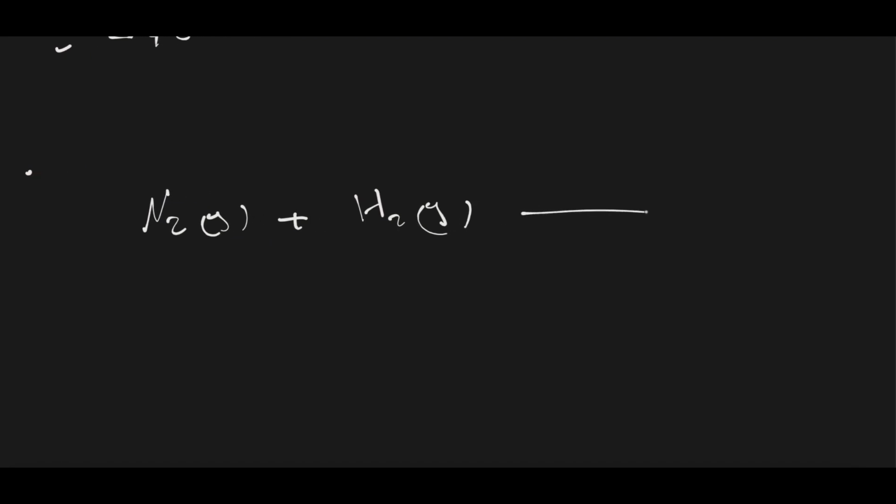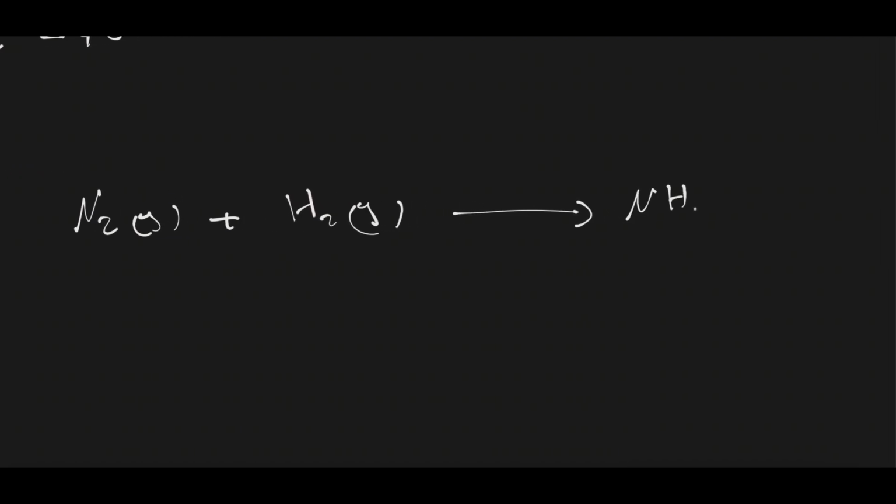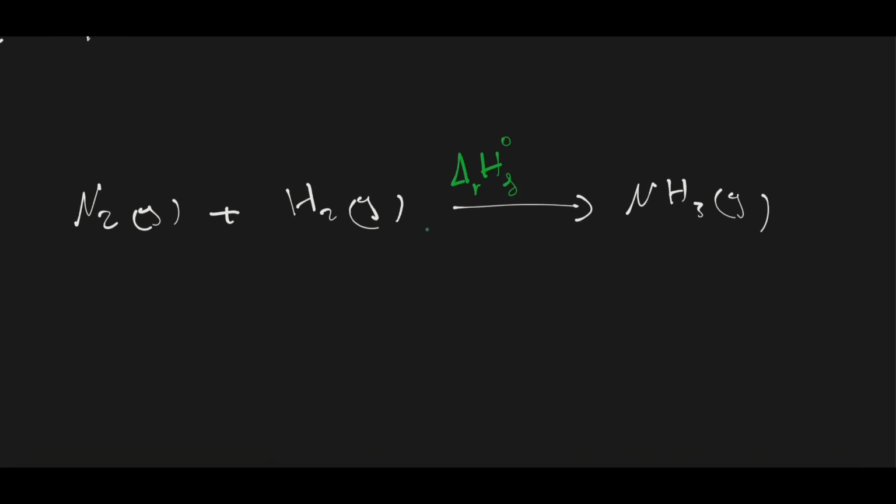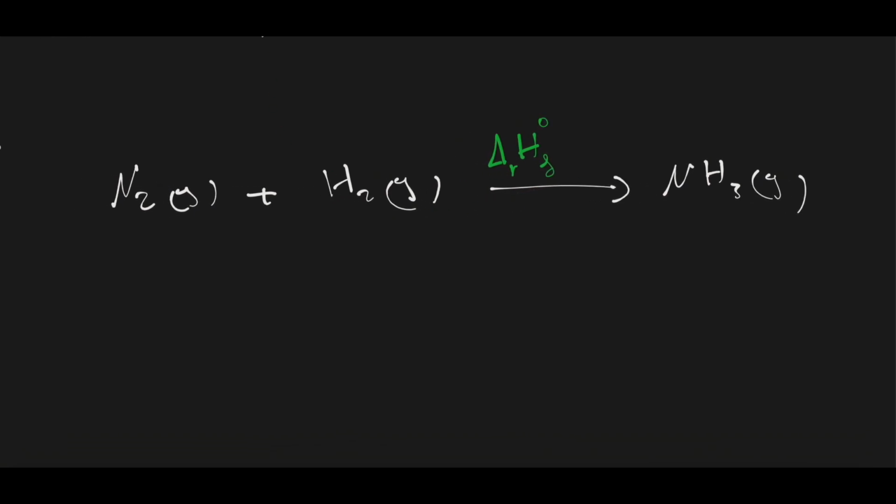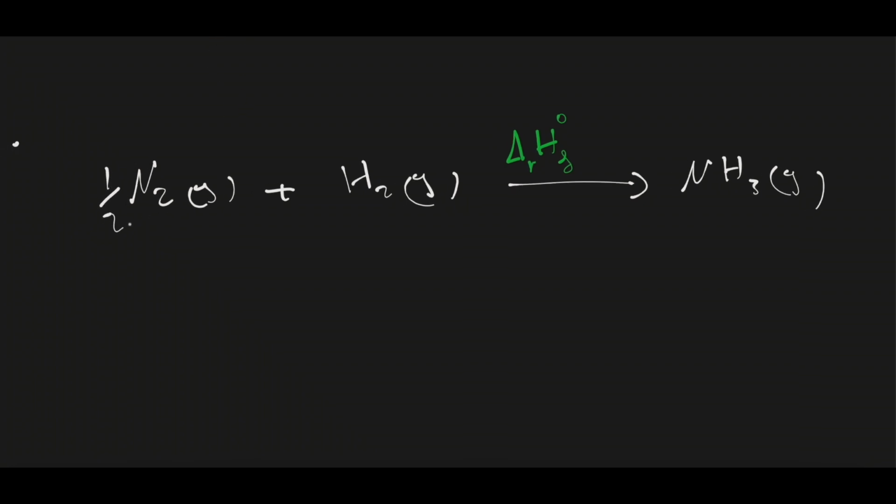To get the NH3, we have to start from nitrogen gas, the standard state of nitrogen, plus hydrogen gas to give NH3 in gaseous state. This corresponds to the standard enthalpy of formation of NH3. And of course, we have to balance the equation. Here we have 1/2 for nitrogen, and here we have 3/2 for hydrogen.